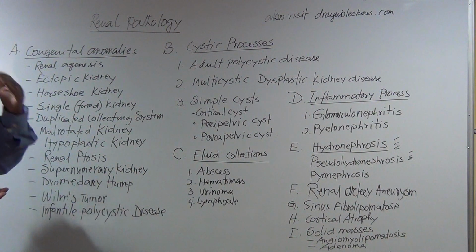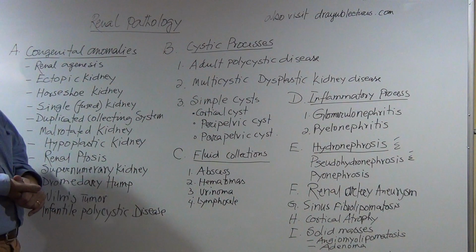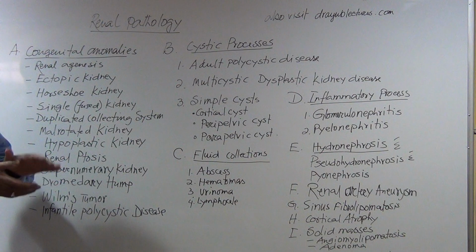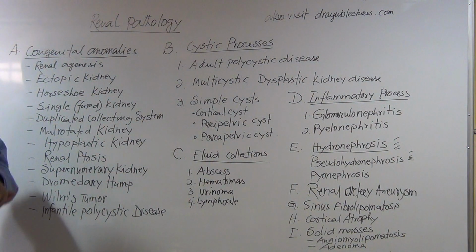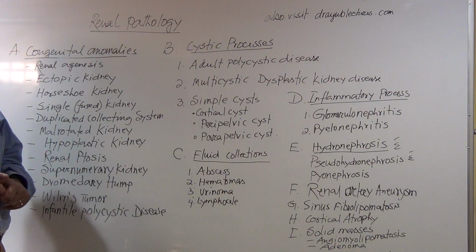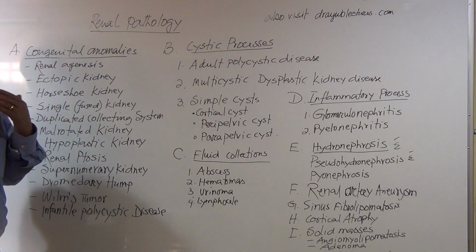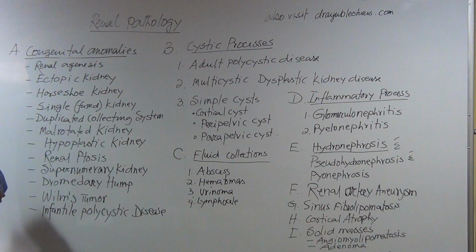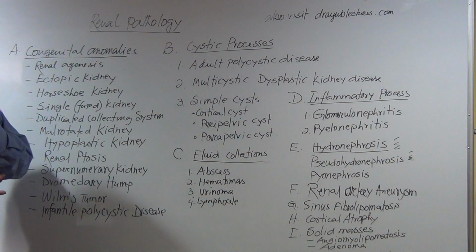If this patient doesn't know until he or she is dead, there will be no effect of absence of one kidney. Why? Because the other kidney is active and functioning, so the other kidney will have compensatory hypertrophy and will be working more, and there will be enough urine production, and blood pressure and electrolytes will all be maintained. So the patient may not have any signs or symptoms if the patient has only one kidney.